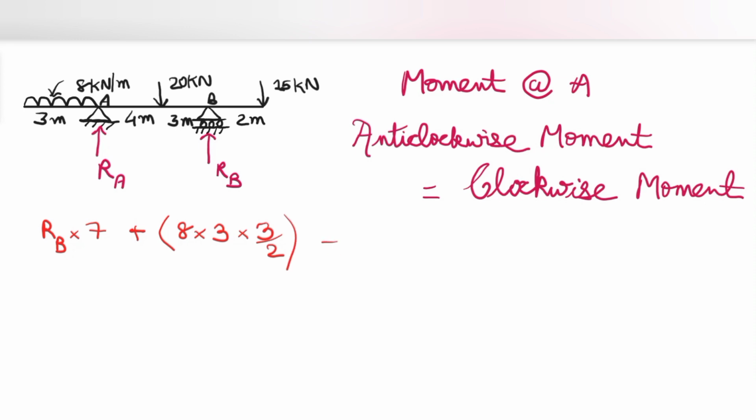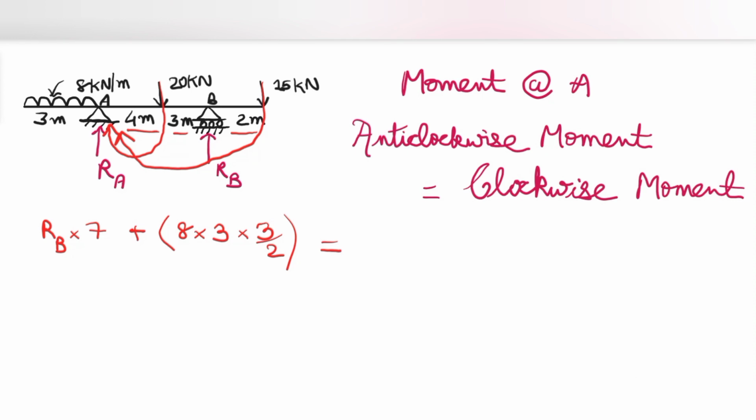Then we have the clockwise moment. Clockwise moment will be because of the 20 kilonewton load and the 15 kilonewton load, like this. It will be acting about A. If we see the distance, then it will be 20 into 4, and for the 15 kilonewton load it will be 4 + 3 + 2, that is 9.